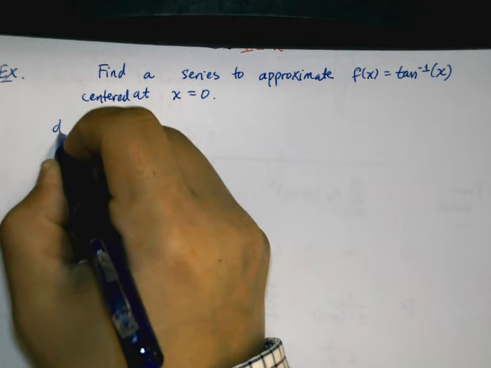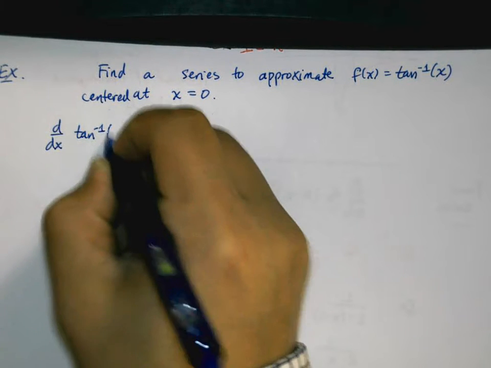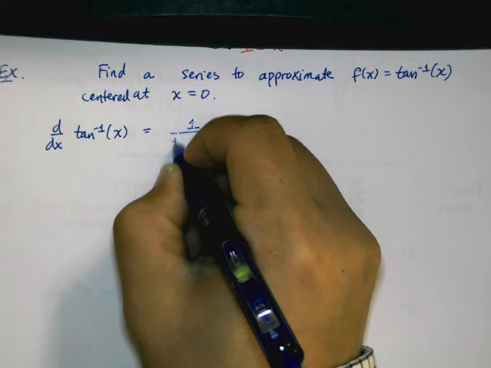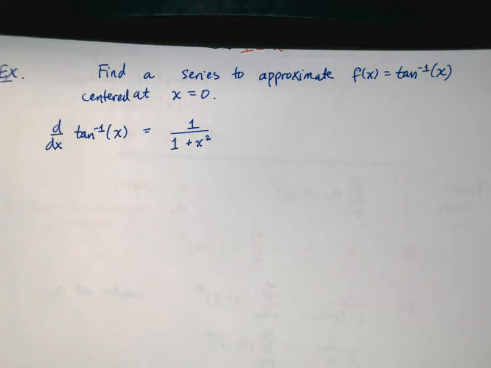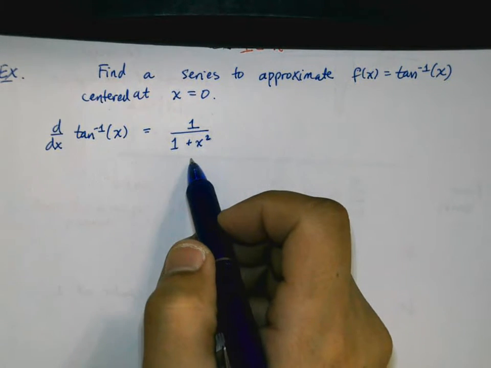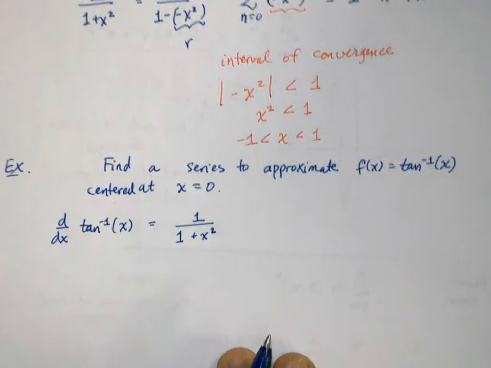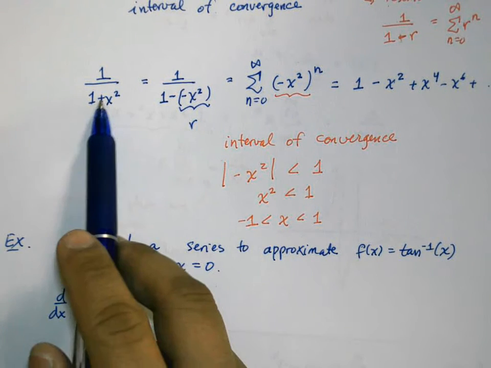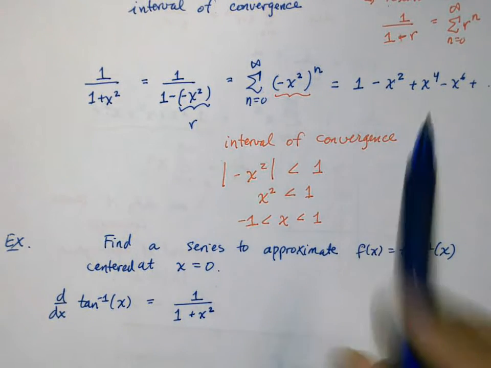So if you recall, the derivative of the tangent inverse function is equal to 1 over 1 plus x squared. Now, gee, this seems very familiar. This is in fact equal to the series that we just developed up here. 1 over 1 plus x squared is nothing more than this series.